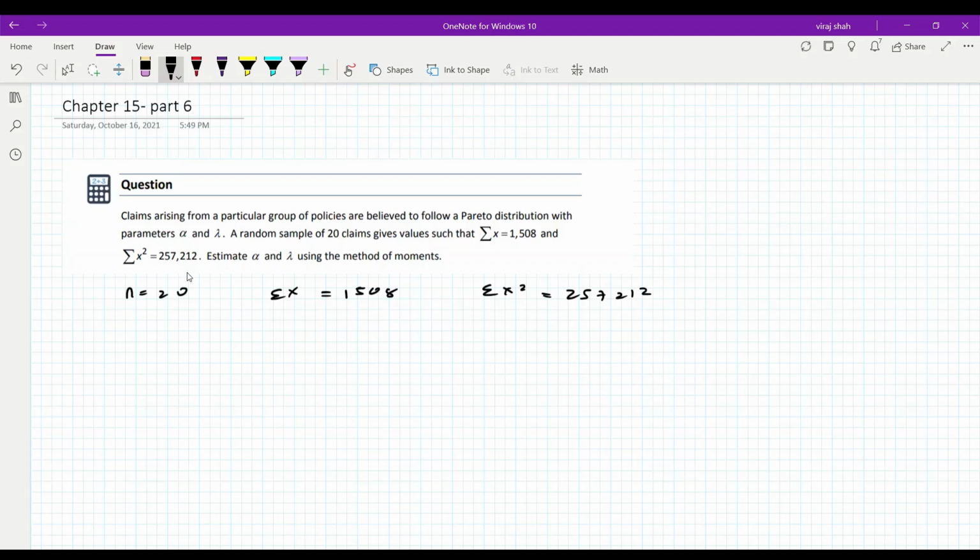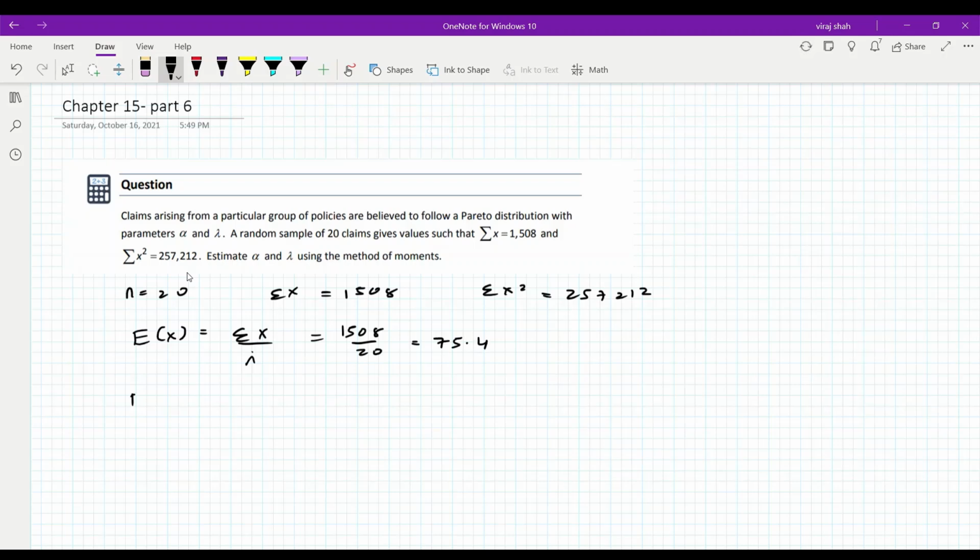Let us first calculate the expectation of x. Expectation of x is nothing but summation of x upon n, which would be 1508 upon 20, which is 75.4.